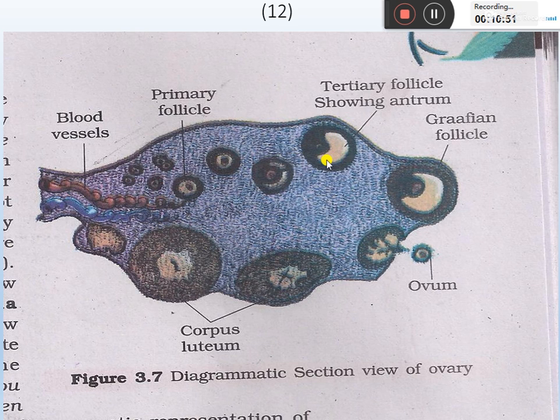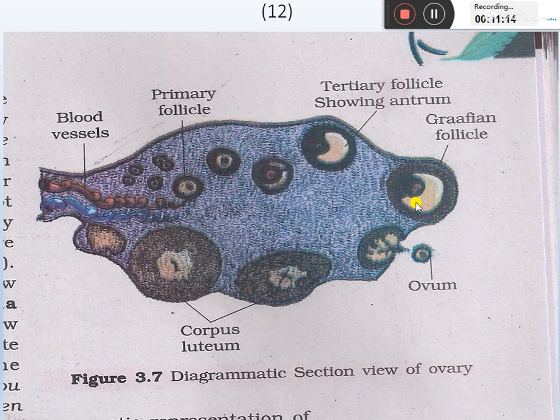Tertiary follicle contains a cavity called the antrum. It is a fluid-filled cavity. This tertiary follicle further matures to form the Graafian follicle, where the secondary oocyte or ovum is present. Graafian follicle contains a large number of follicular cells.